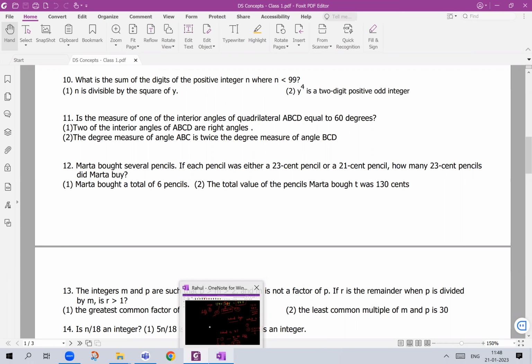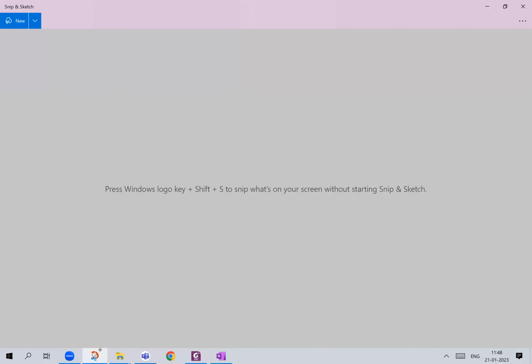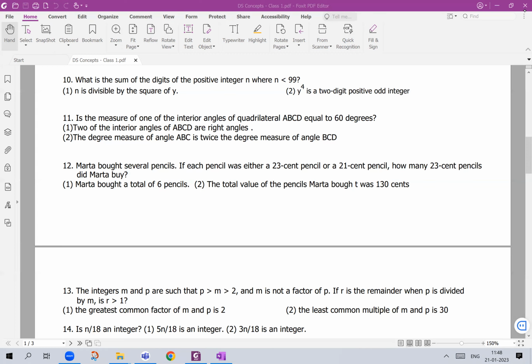You will get a rough sheet to mark this, and you will have 5 columns with options which you'll tick. In data sufficiency, you will have 5 options, A, B, C, D, E, and you just have to tick one option. In problem solving, you will also have 5 options, and you just tick whichever you want.